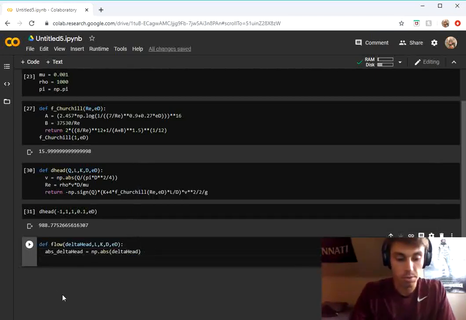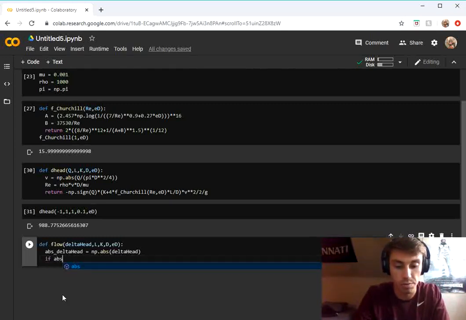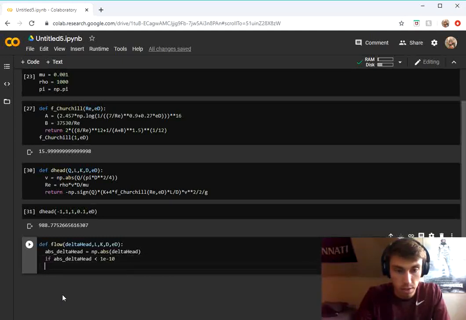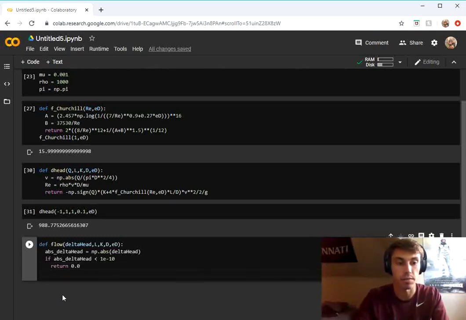So from here, we're also going to incorporate that if the absolute value of delta head is less than 1e to the -10th, then we're just going to say that it's 0.0 to avoid any issues.